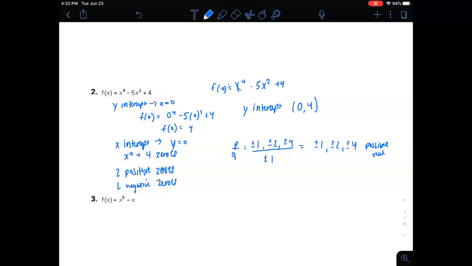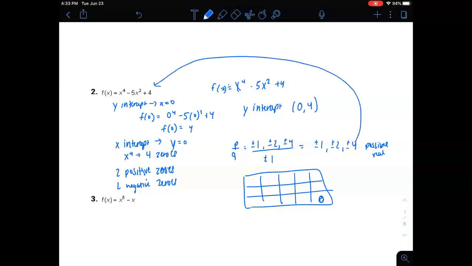And so this is where you can do multiple things. You can try doing the new process we just learned and looking for a remainder of 0. You can also plug in possible values and see which ones you get that equals 0.